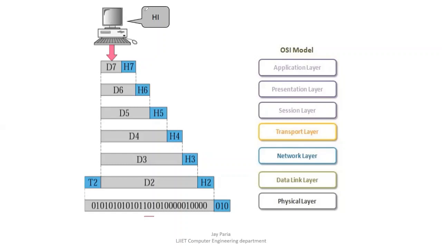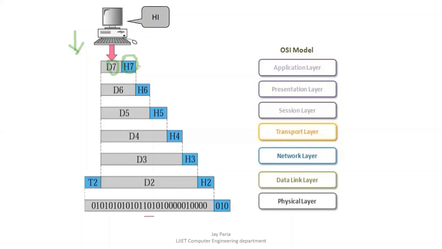When the hi message is passed to the application layer, some header will be added in the application layer. So D7 is our message, which is hi, and when the message is passed to the application layer some header will be added. Now what is the information stored in the header?